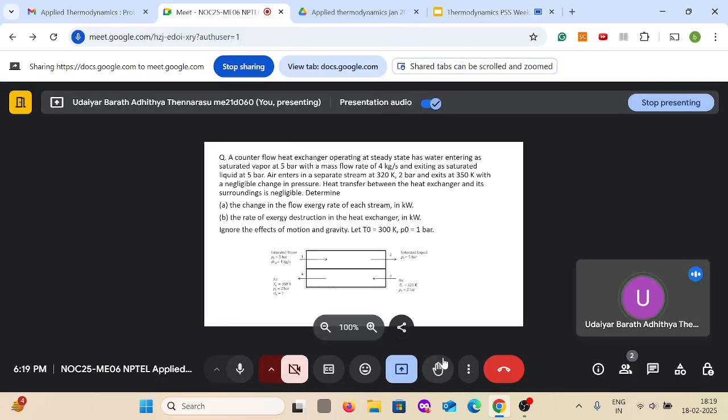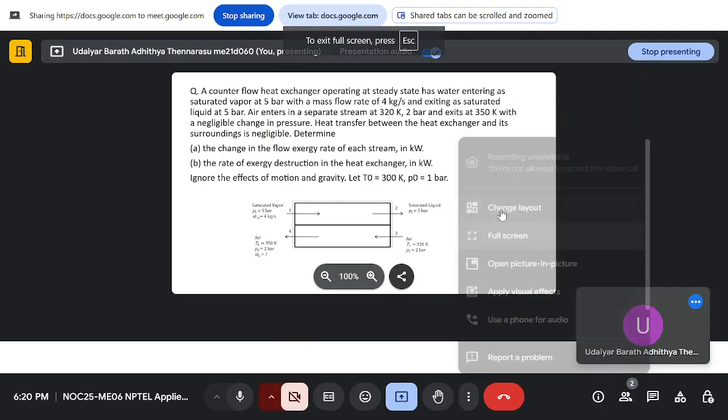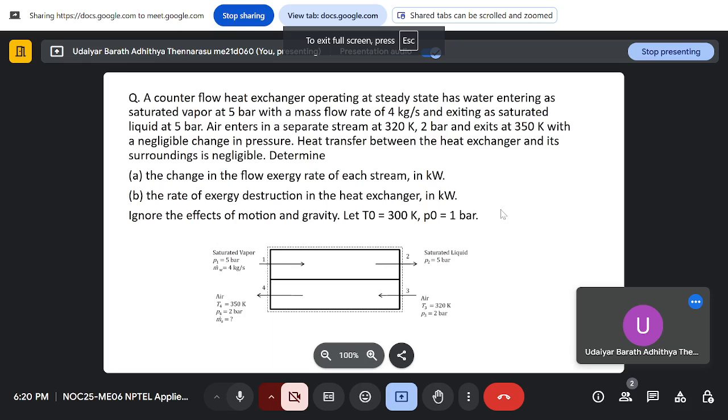So the next is, we saw a turbine, we saw a valve. Next we will see a heat exchanger. How to do an exergy balance across a heat exchanger. A counterflow heat exchanger operating at steady state has water entering as saturated vapor at 5 bar with a mass flow rate of 4 kg per second and exiting as saturated liquid at 5 bar.